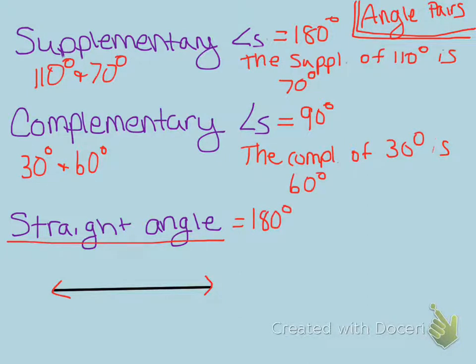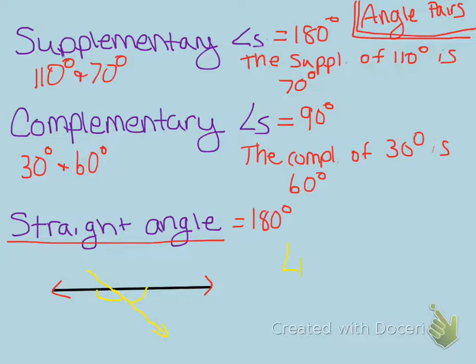But what you're going to see even more of is what we call a linear pair. If I take a line and I divide this into two parts, I have created angles right here that must add up to be 180 degrees.